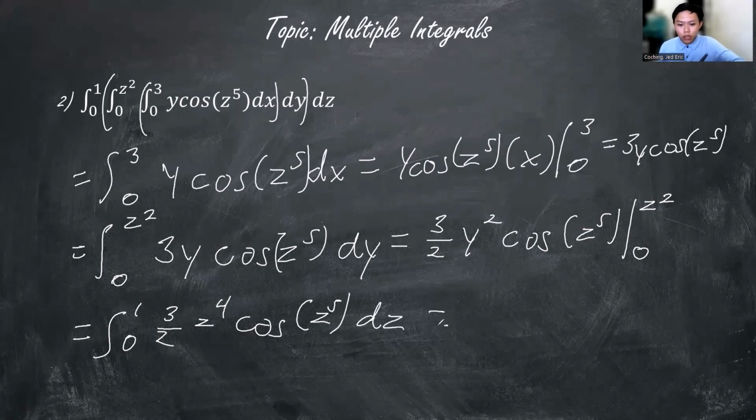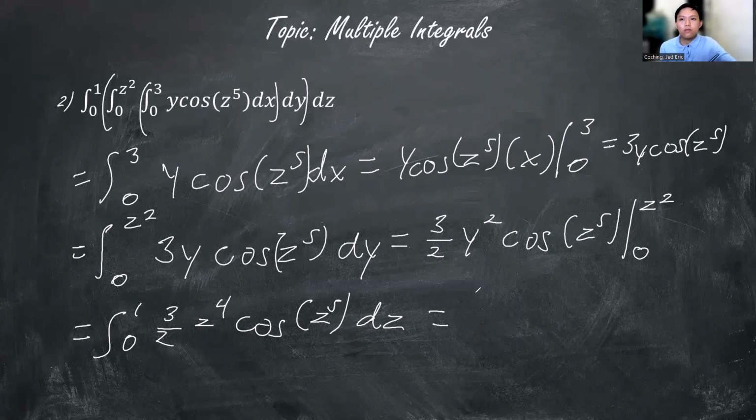Now, this is going to be equal to, wait, sine 5z is going to be sine 5z divided by 5.